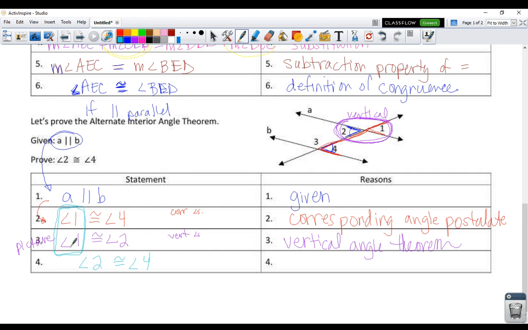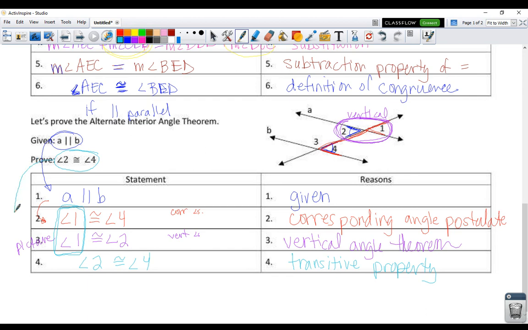This is the link, and this is something called the transitive property. If 4 is the same as 1 and 2 is also the same as 1, that means 4 has to be the same as 2. That's the transitive property, and that is exactly what we were asked to show.